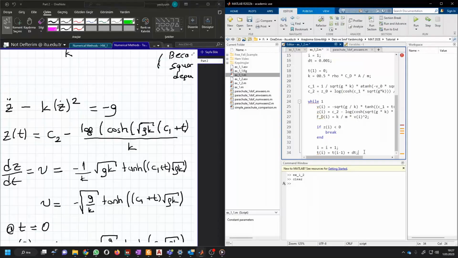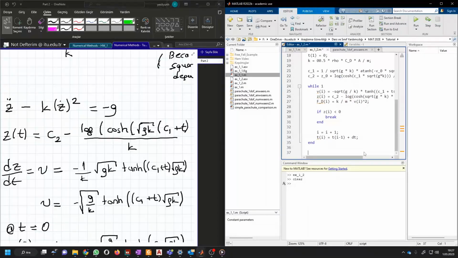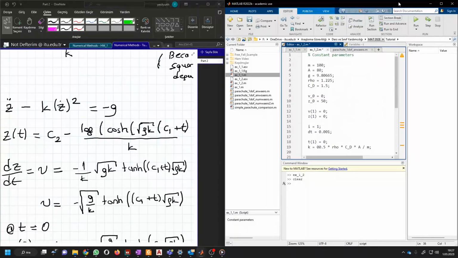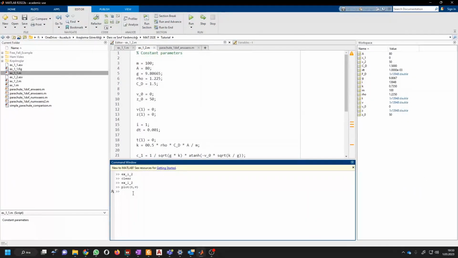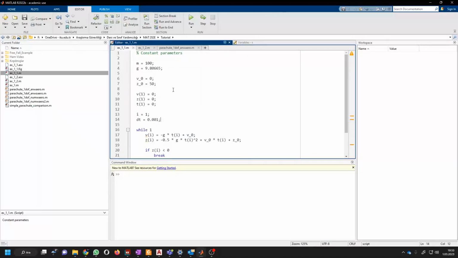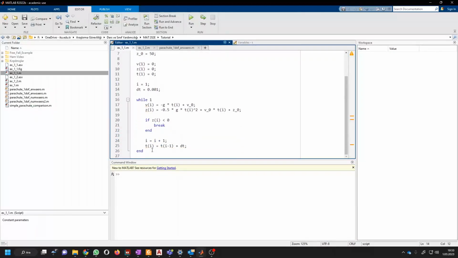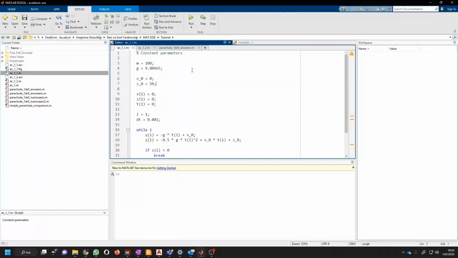So I can end my while loop. Now let's run our problem. I want to clear my workspace and I will run my two scripts in order again. So clear, clc. This was my first solver for the first part. Let's run this first.